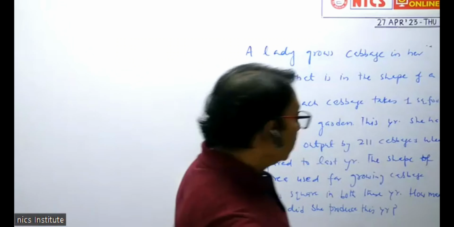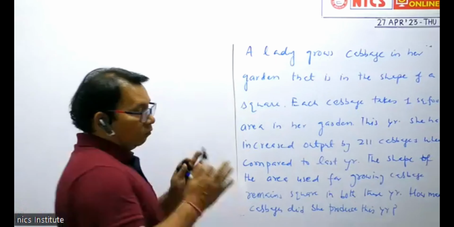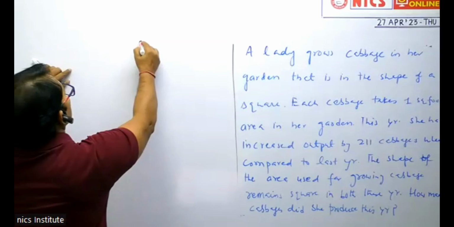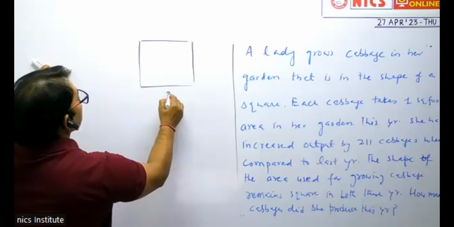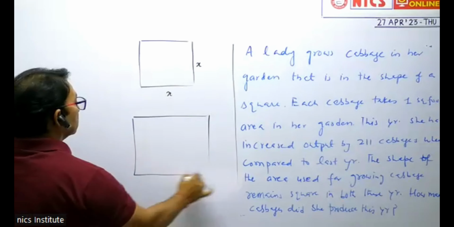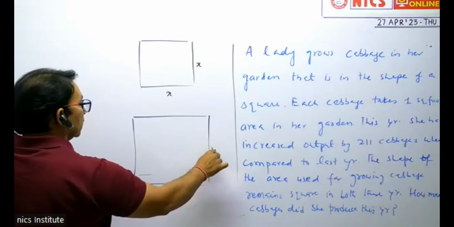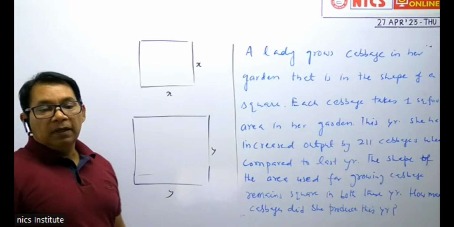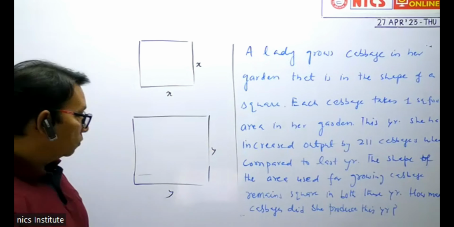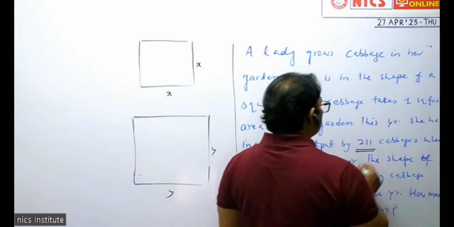So in the first year, say the square shape has side x. The next year it is again a square with side y, and the difference between the two produced has been given to us as 211.